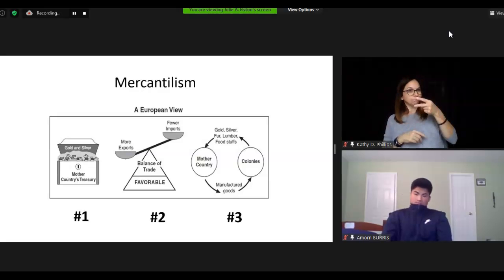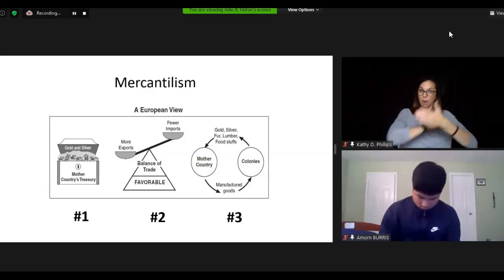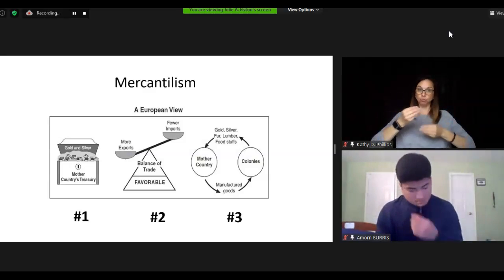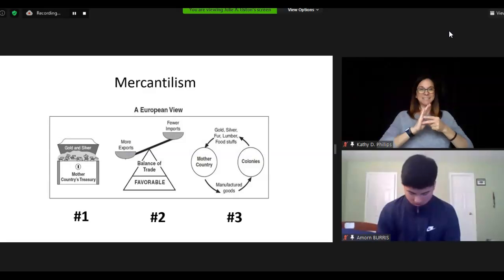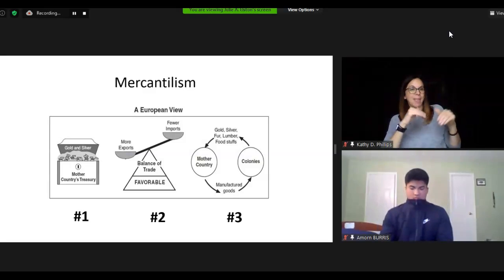So when you look at the scales, they want to have a balance of trade, they meaning the European country, right? Where it is sending out more exports than it's importing. Do you guys see that?